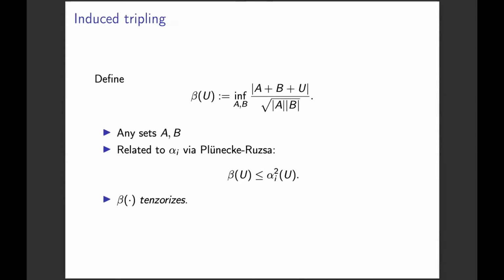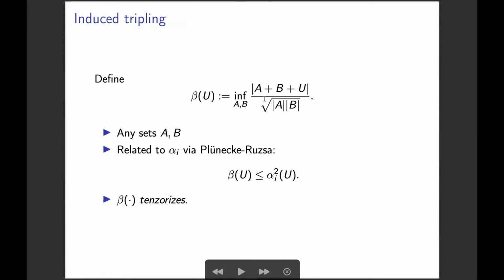And one of the interesting points here is that one can instead look at a related property that we call beta, in a joint paper with Matolcsi, Ruzsa, and Shakan.